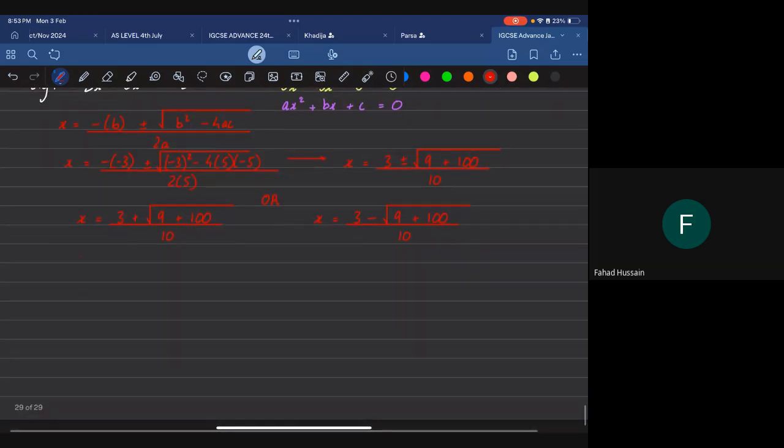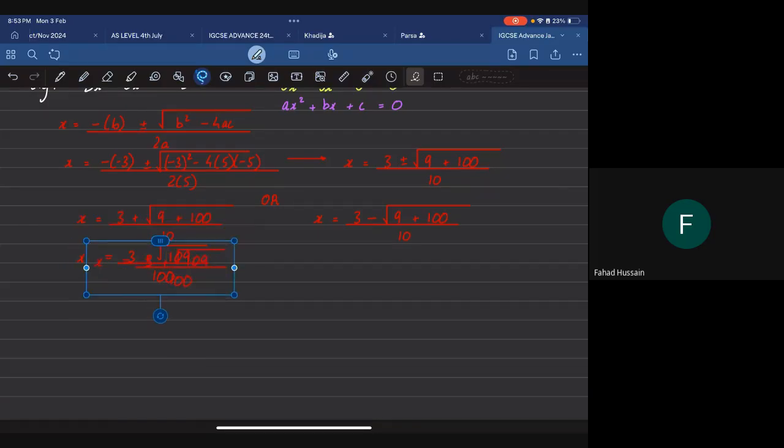Now, if we solve this further, it is going to simply be 3 plus under root 109 over 100. And I can replicate this answer over here too, because it's just going to be 3 is equal to minus 9. Clear, guys? You're going to have your answer.